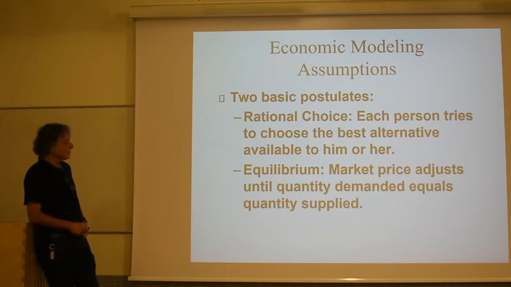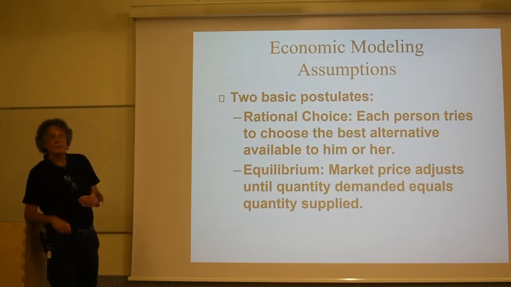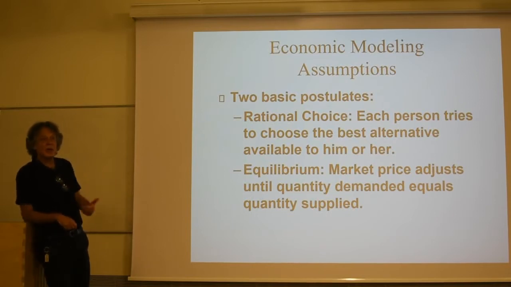So market prices adjust until quantity demanded at the price equals quantity supplied at the price. Sometimes, like in this example, the supply will be fixed. Sometimes the supply will be a function that changes with prices.